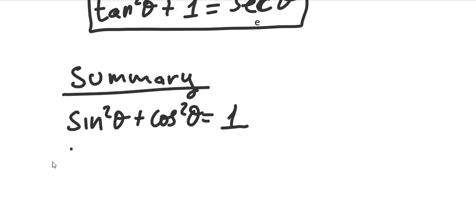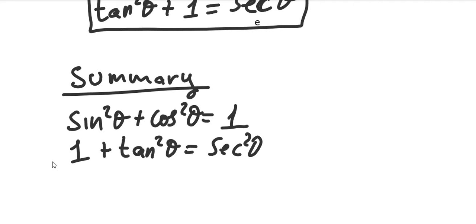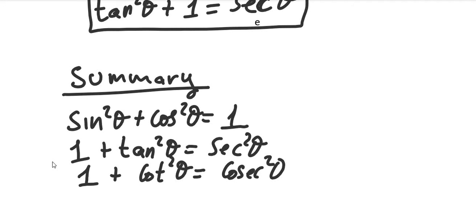Also, 1 plus tan squared theta is equal to sec squared theta. Another formula to note is that 1 plus cot squared theta is equal to cosec squared theta. This is the end of this video.